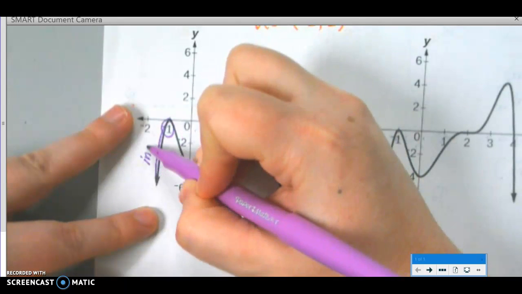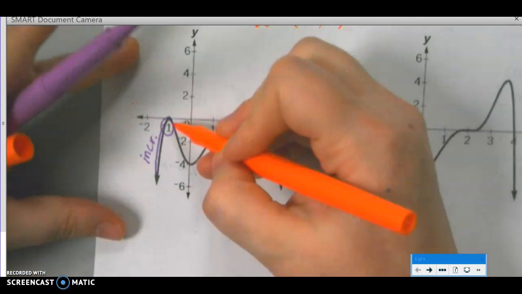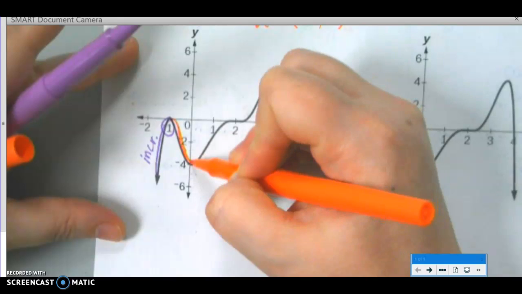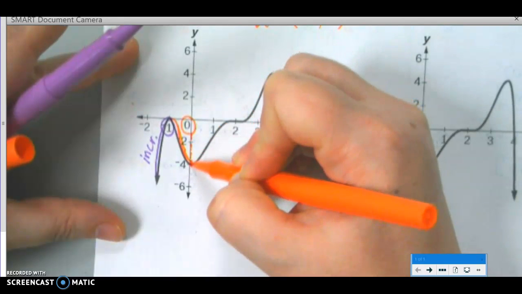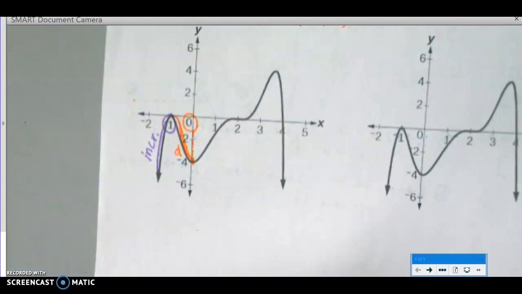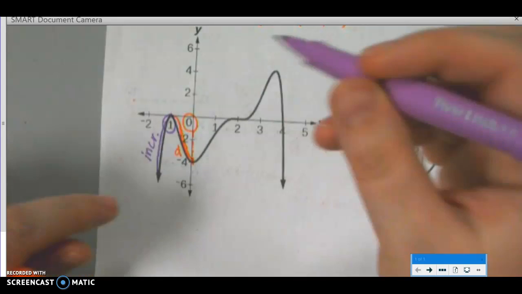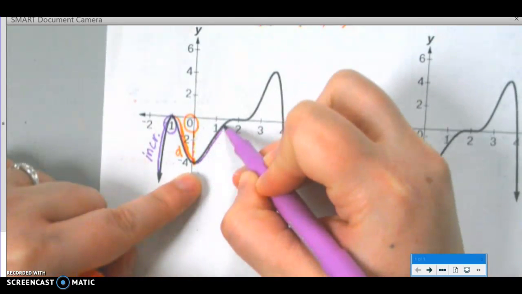So I am increasing. Decreasing, and there's the X number for where I'm decreasing. Make sure you always go to the X-axis. All of these numbers should be coming from the X-axis. And then I'm increasing.